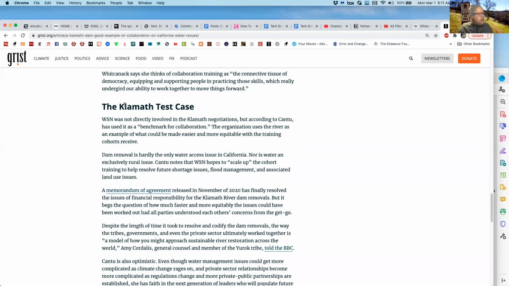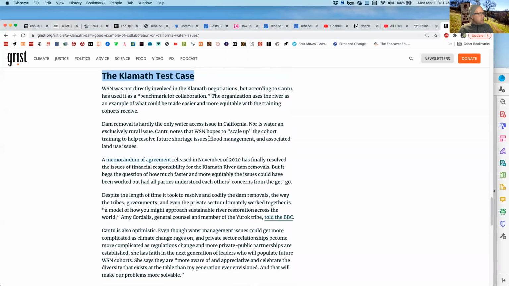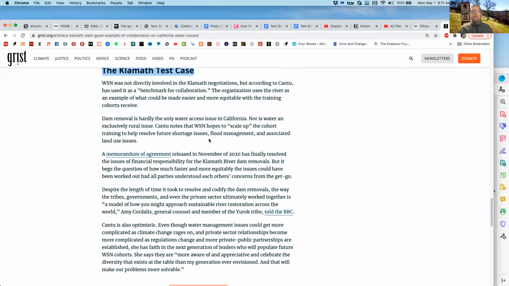By the end then, this kind of section seems to be all about us and what we should derive from this case. They call it the Klamath test case. Does this offer a model of operations for the future? In this, it seems more like how audiences should react to this article, framing the response that people might have to reading about the tribes and the engineers and the feds and other politicians who are all involved in the dam removal on the Klamath.